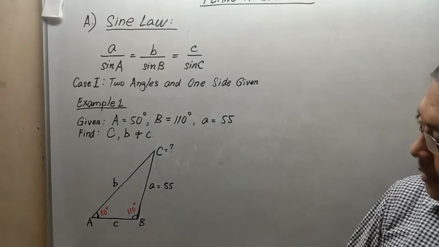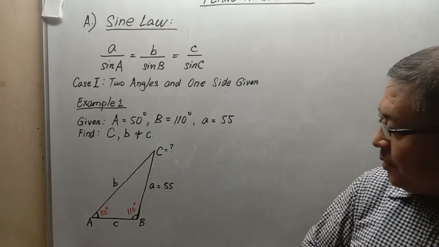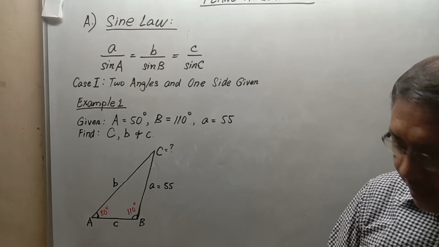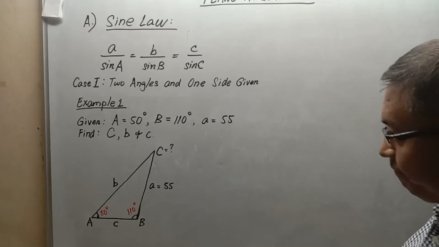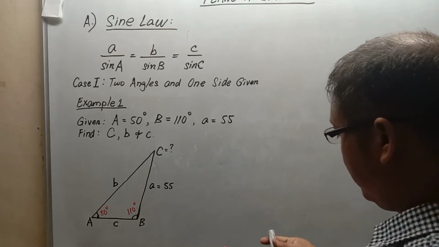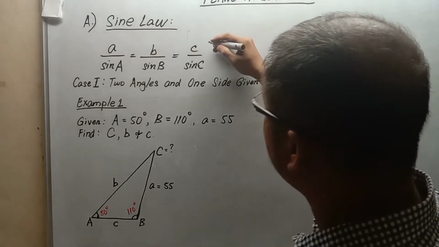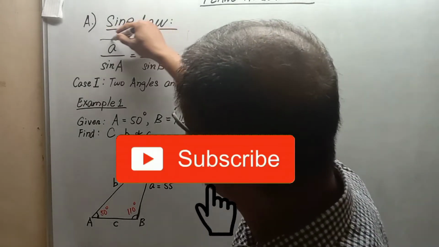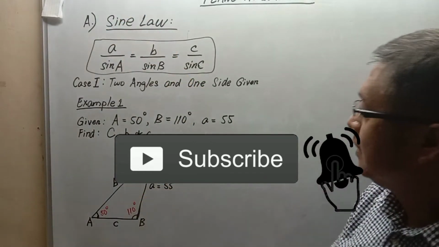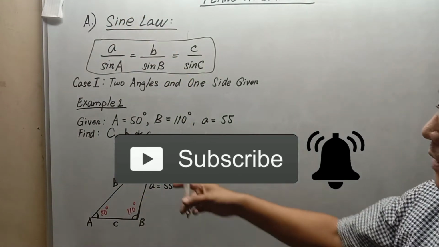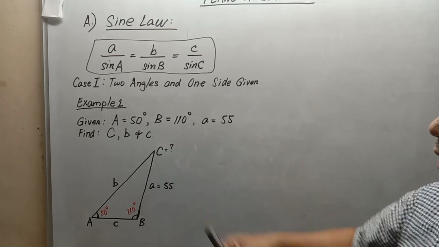Now, in order to solve this problem, we will apply the sine law. So our formula is this one, guys, in order to find the other sides and the other angle.